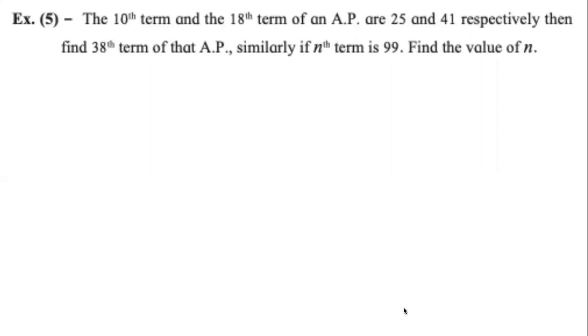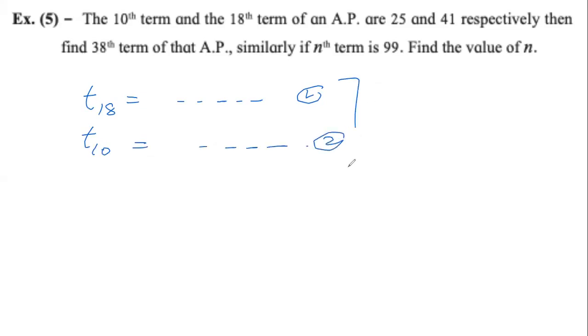As a hint, we will get T18 equals something, then T10 equals something. In both these equations, what will be there is A, n, and D. Using these two equations, we will be able to find the value of n. A and D are given in the question; if you read, you will understand.